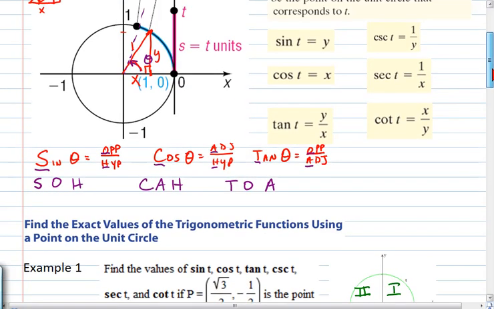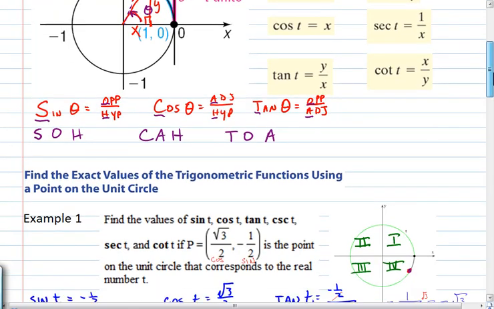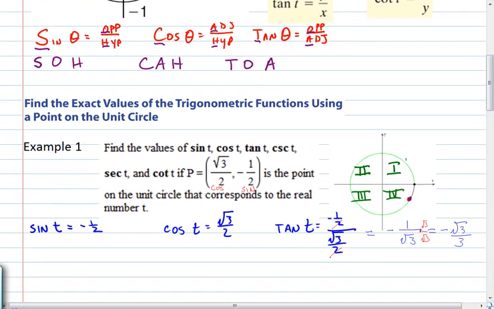Now, if you will look here, cosecant is just the reciprocal, or we flip the sine. Secant is the reciprocal of cosine. We just flip whatever we get for cosine. And then cotangent is the reciprocal, meaning flip the fraction here to get cotangent. So if I know sine, cosine, and tangent, I can then figure out cosecant.